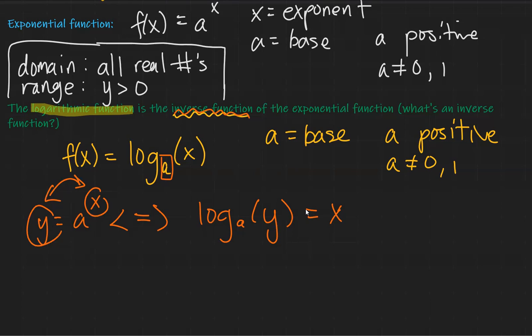So right now with just variables, it's really confusing probably, especially if you never learned this or if you don't remember it. So let's talk about using some actual number examples, okay? So let's take something that we know. 3 squared is equal to 9. We know that, right? 3 times 3 is 9. The way I rewrite that as a logarithm is log base 3 of 9 is equal to 2.